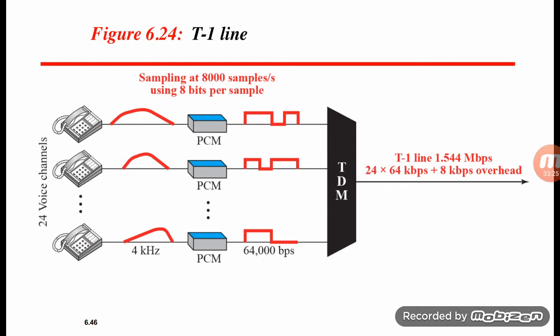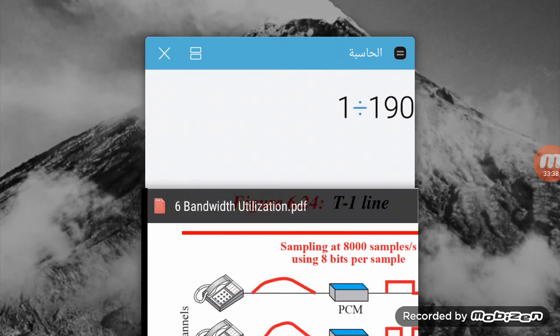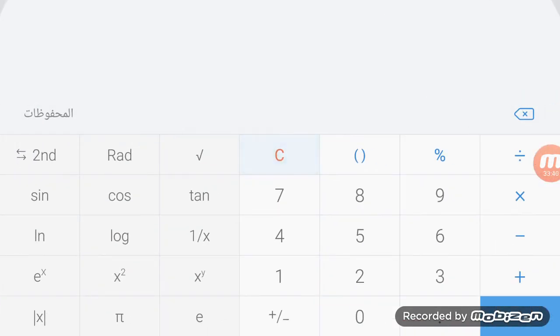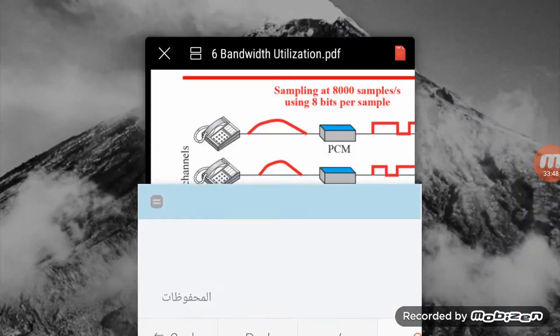So you are combining 24 voice channels. 24 times 64 gives you how much? This gives you 1.536 megabits per second. But the actual rate of the line is 1.544.